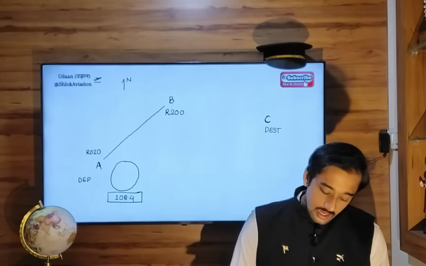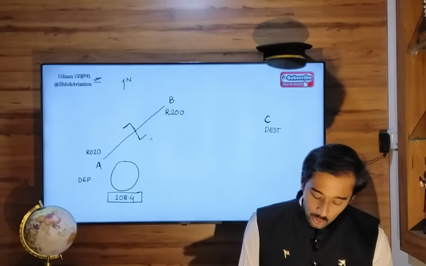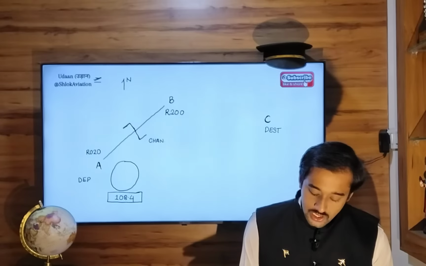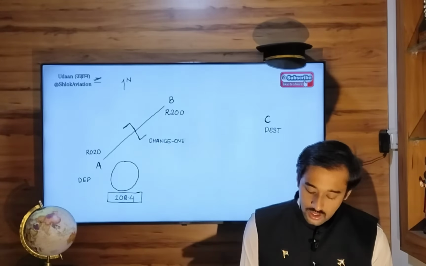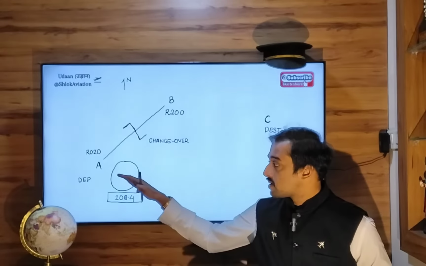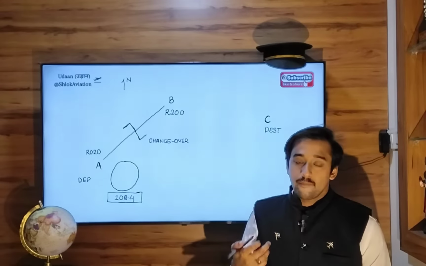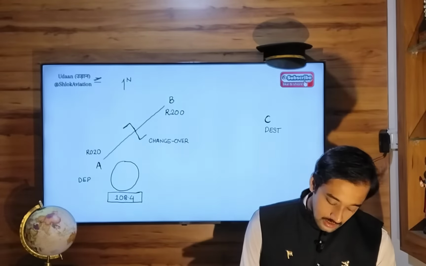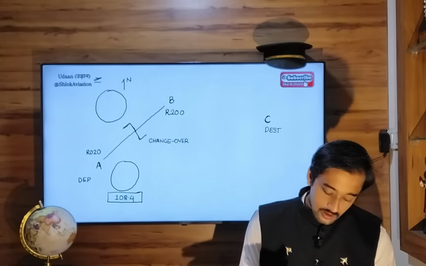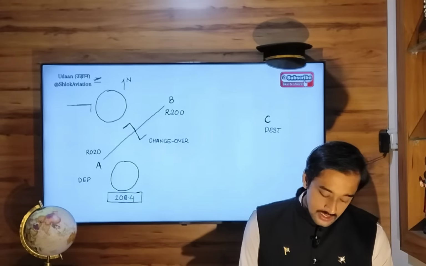There will be a certain range designated. This is called the change over point. That means when you reach this point, you will change your frequency from this VOR A frequency to the next VOR, which is the VOR B frequency.